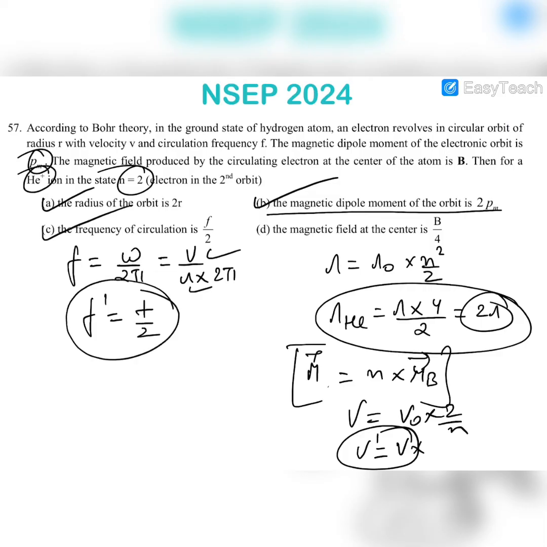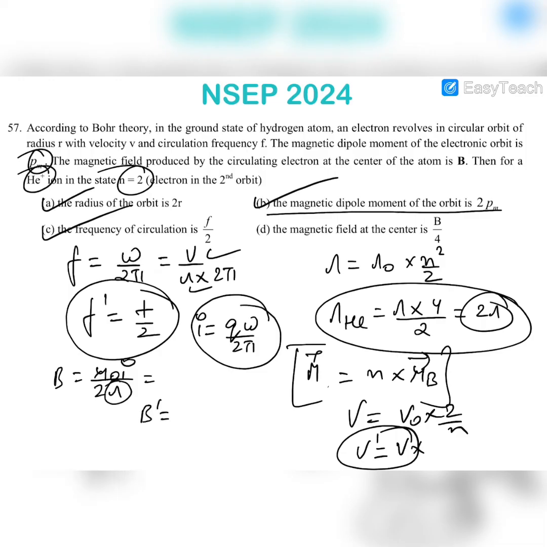So C is the correct option. And the magnetic field at the center, B, is mu naught I by 2r. Now I is equal to q omega by 2 pi. So if omega has become halved and radius has become double, B dash will be equal to B by 4. So D will be correct also. So the correct answers are A, B, C, D. Now let us move on to the next question.